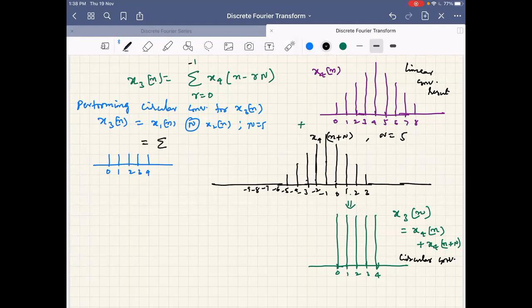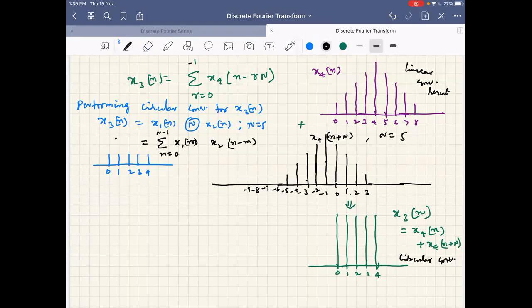The expansion we write is the sum of x1 of m, x2 of n minus m, for m equal to 0 to N minus 1.